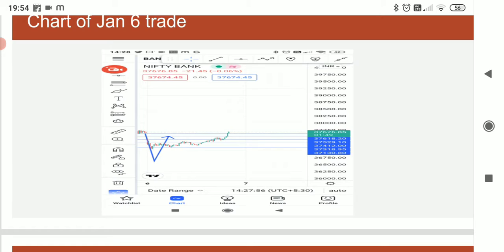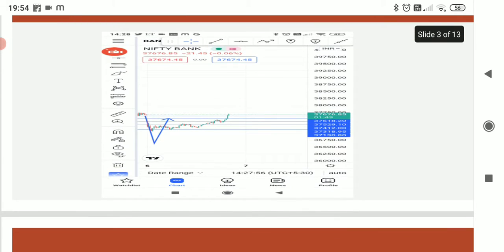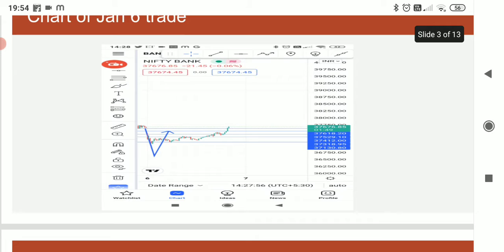So it will go there and come back again. For a gap up, it moves in an uptrend, and while coming back, the gap works as a support. In a gap down, it goes in a downtrend, and when it comes back, the gap acts as a resistance.